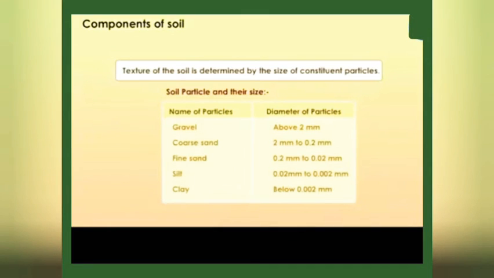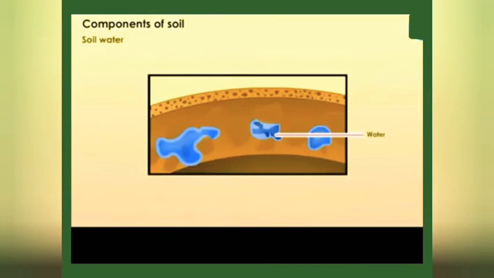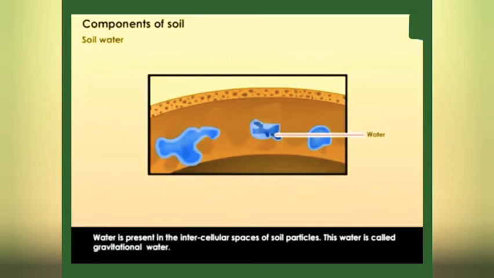Fine sand, 0.2 millimeters to 0.02 millimeters. Silt, 0.02 millimeters to 0.002 millimeters. Clay, below 0.002 millimeters.